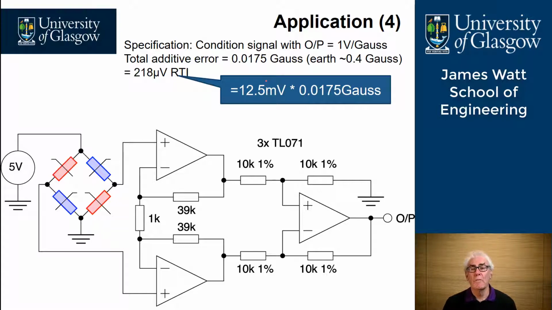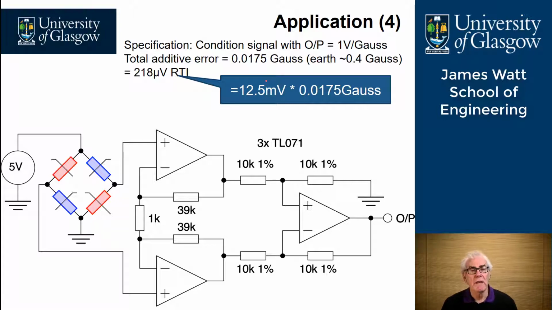So we're a lot better than that. This gives us a total referred to input voltage error of about 218 microvolts. And you can calculate that out by the sensitivity of the unit, which is 12.5 millivolts per Gauss, multiplied by the total additive error, which is 0.0175 Gauss.